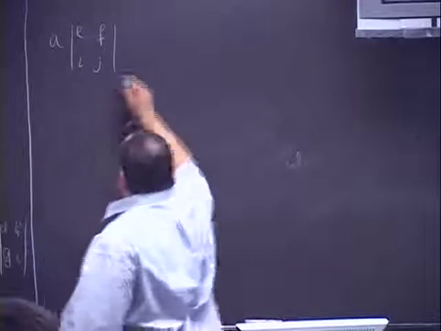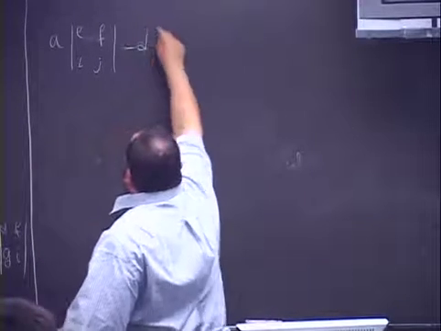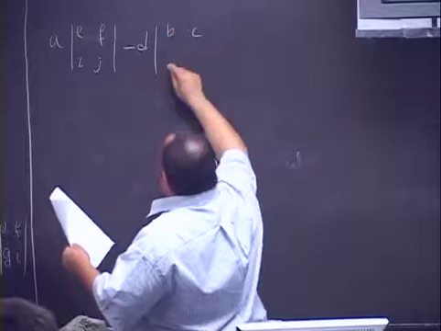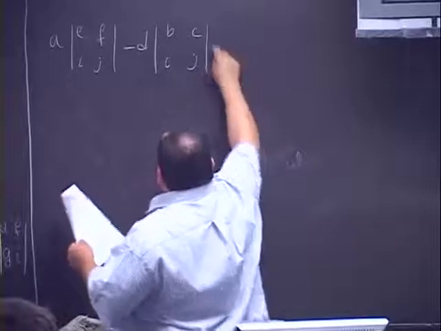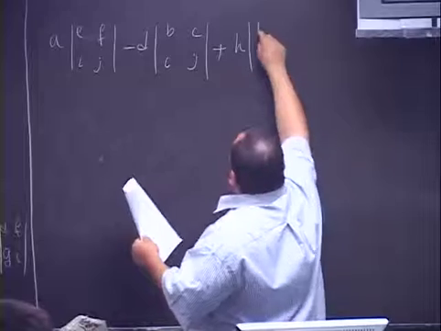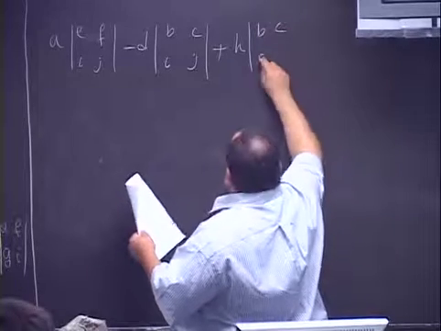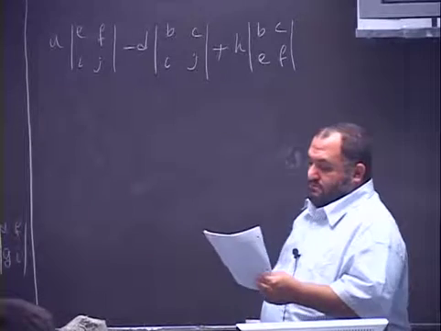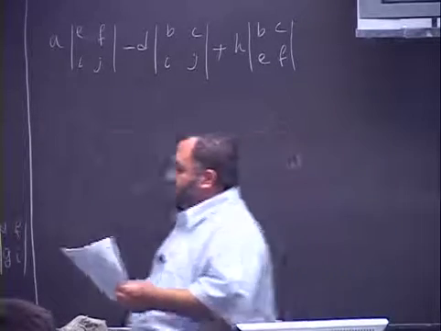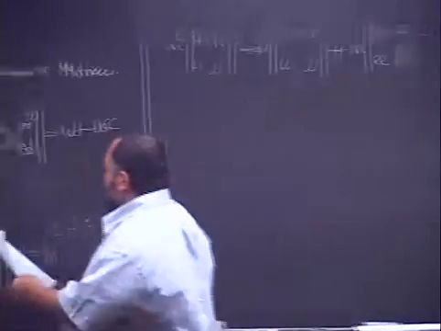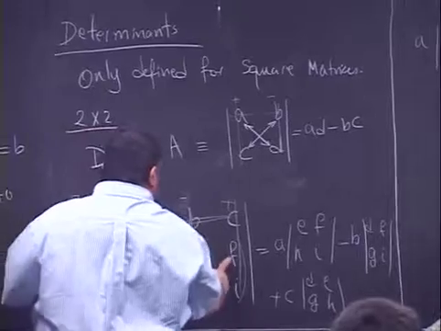Then the second element has a negative here, which is negative D, multiplied by the minor, in this case BC, IJ, plus H, and the minor is BC, EF, and so on. Should be plus G on the last one. Plus G.